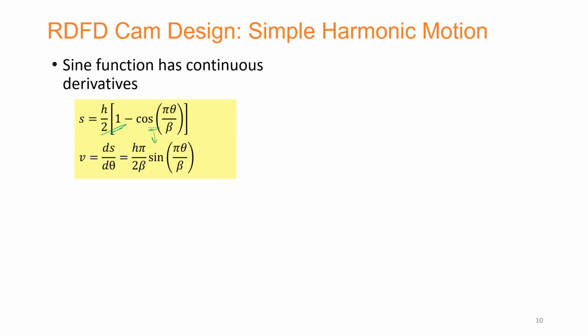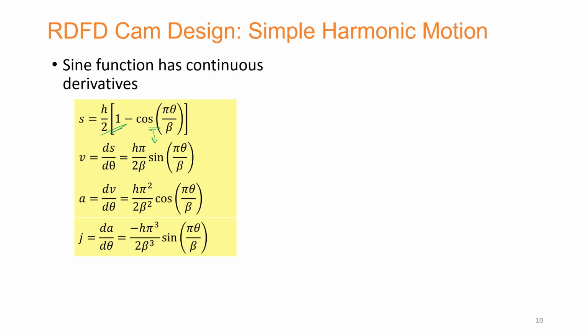When you take another derivative, you're going to find the expression for acceleration, and this is a very simple, straightforward expression. And if you take another derivative, this is going to be the expression for jerk.